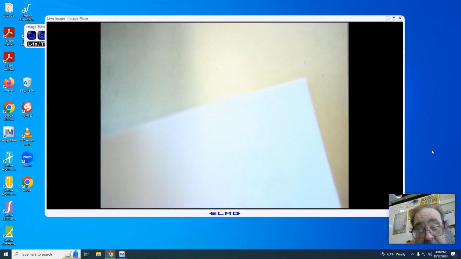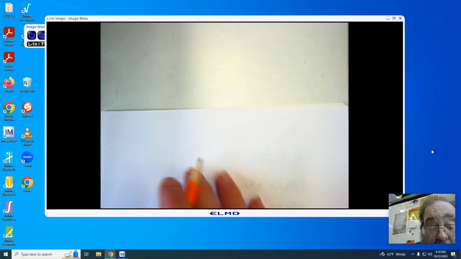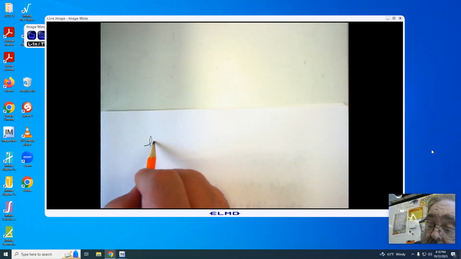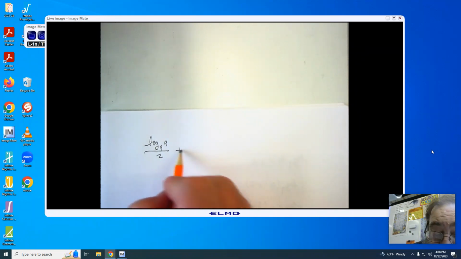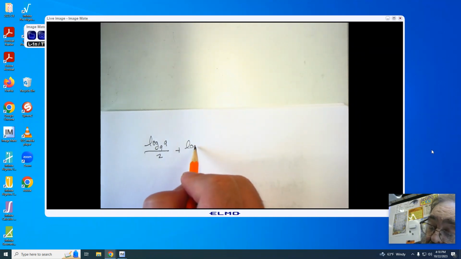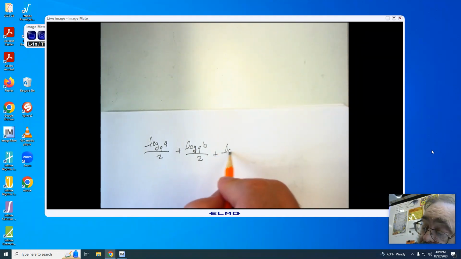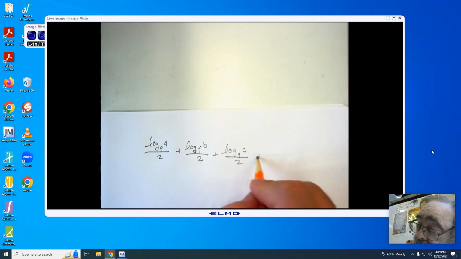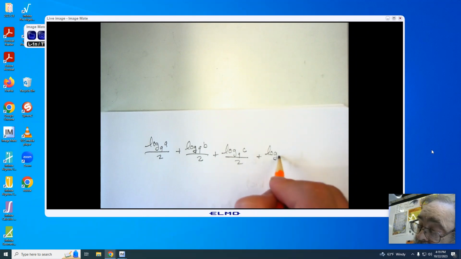And once again, we are condensing into a single log in this one. So we have log base 9 of a divided by 2 plus log base 9 of b divided by 2 plus log base 9 of c divided by 2 plus log base 9 of d divided by 2.